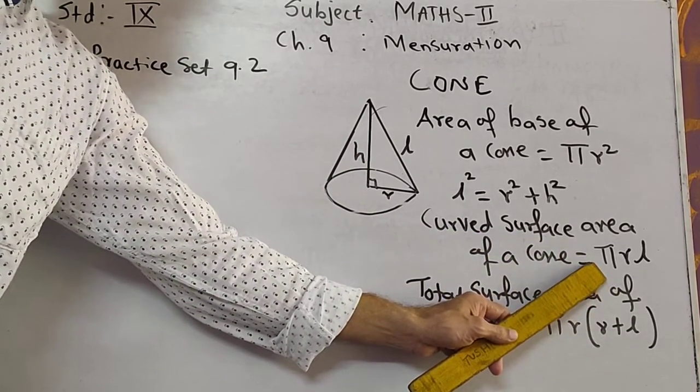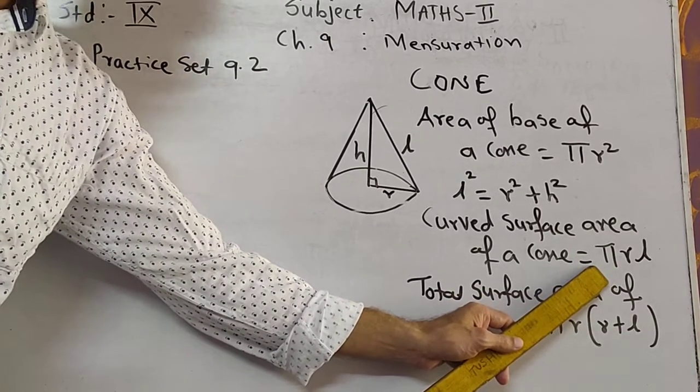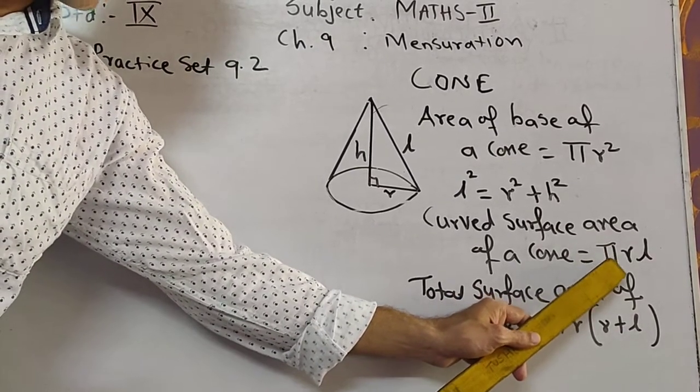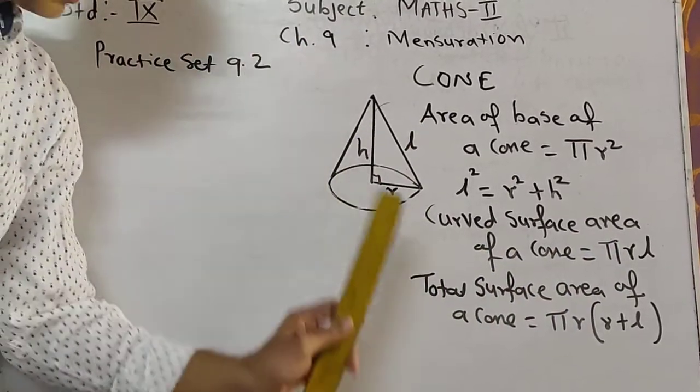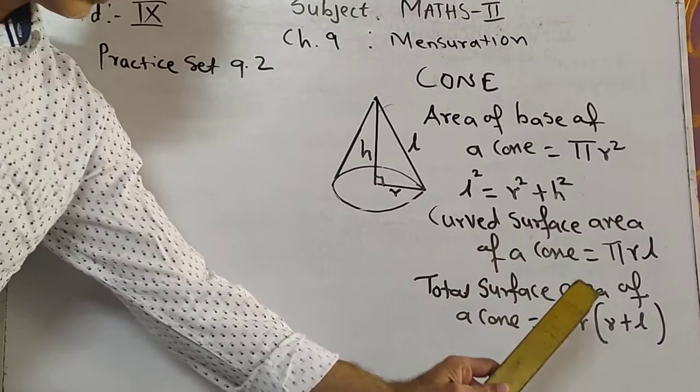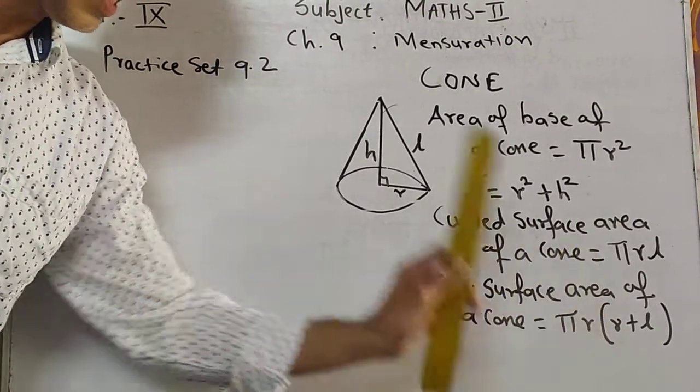Whenever curved surface area is asked, you have to use this formula, pi r L, meaning pi multiplied by r multiplied by L, where L is the slant height. If total surface area is asked, you have to use this formula, pi r into bracket r plus L.